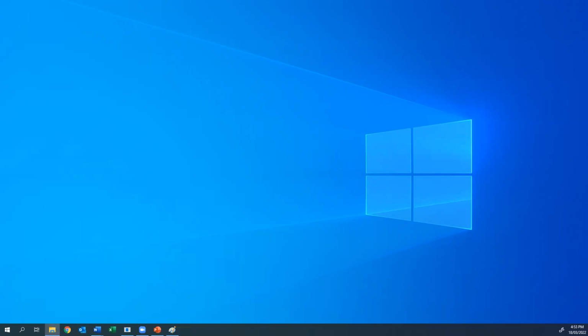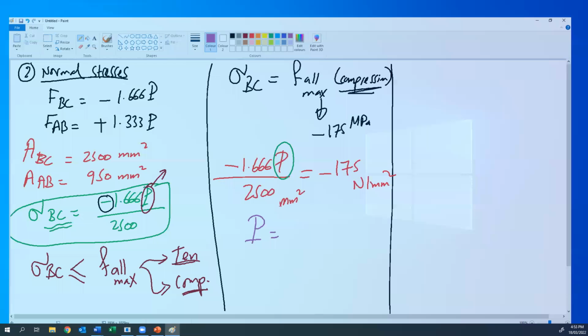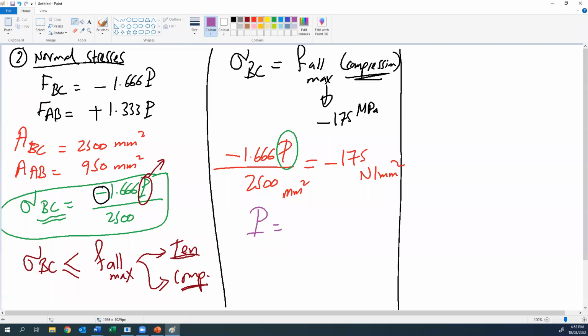I know now what the problem is. From the last step here, for FAB, I just replaced AB with BC.